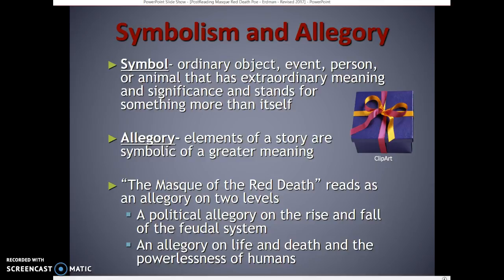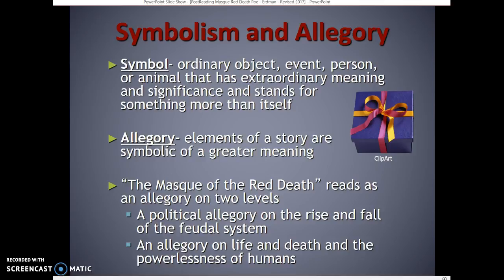However, it symbolizes marriage, love, fidelity, unending relationship. So it symbolizes more than just being a ring on a finger. Now, when you get into allegory, it's when you take more than one symbol and put them all together for a bigger meaning.